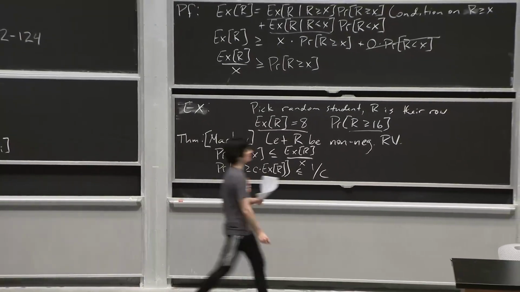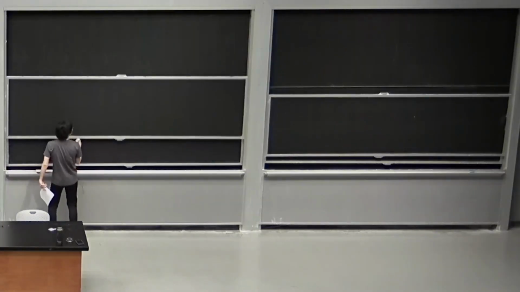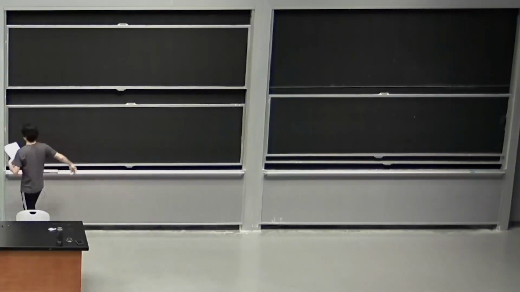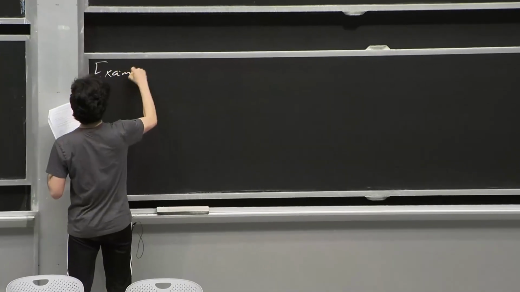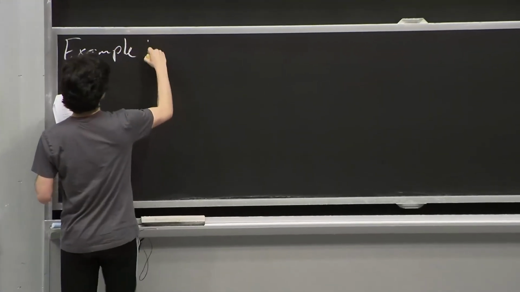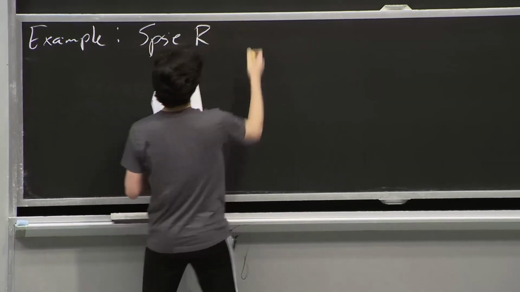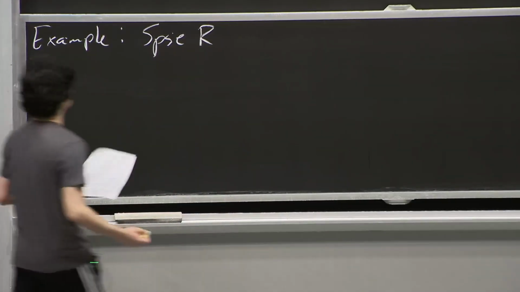So let's take a look at a couple more examples. Suppose R is the test score of a randomly chosen student instead of the row that they're sitting in.